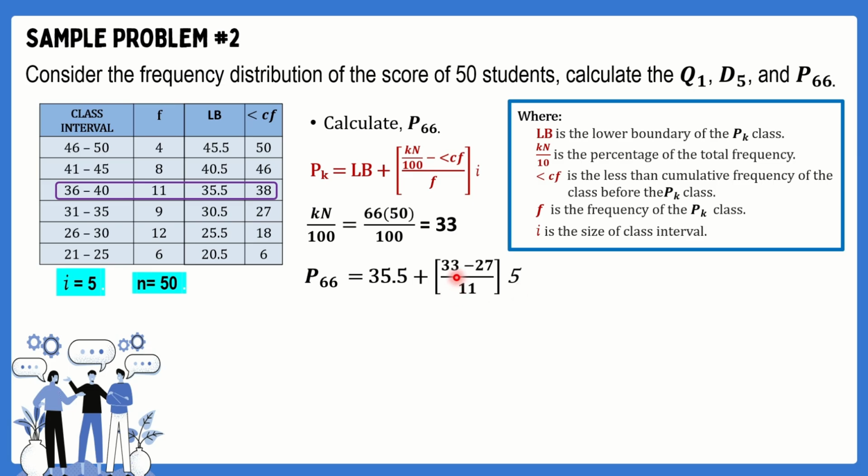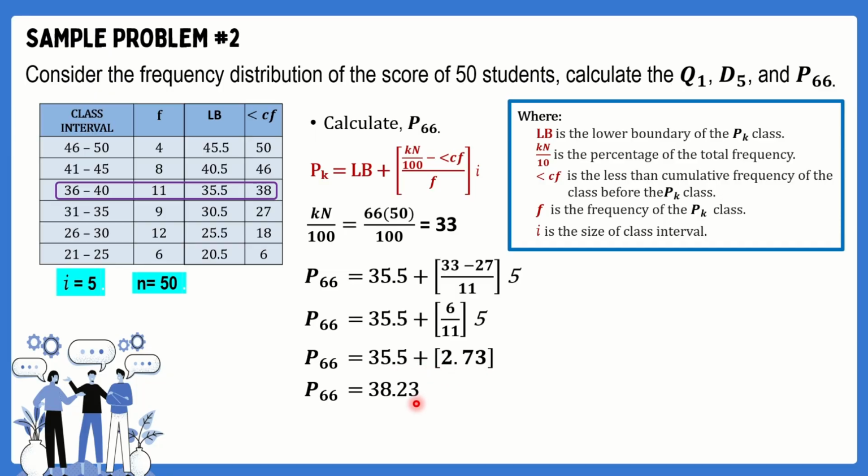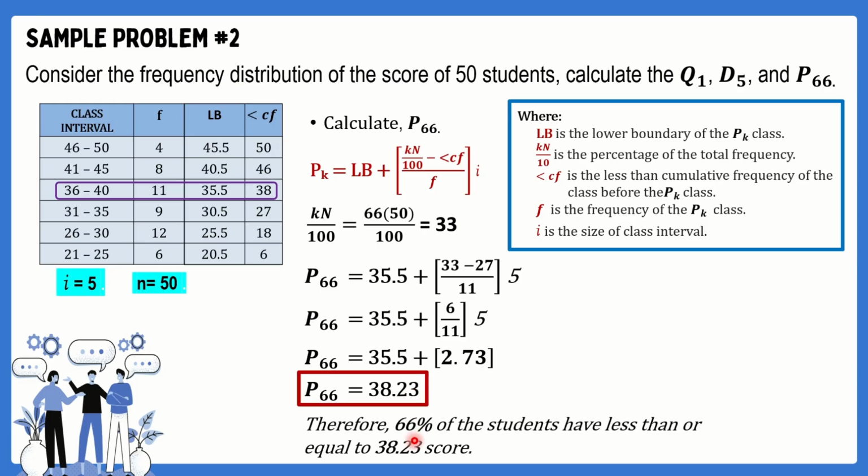So the result of 33 minus 27 is equal to 6. Now 6 over 11 times 5 is equal to 2.73. Now let's add 35.5 plus 2.73, which is equal to 38.23. Therefore, 66% of the students have a score less than or equal to 38.23.